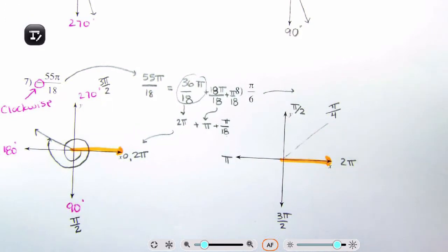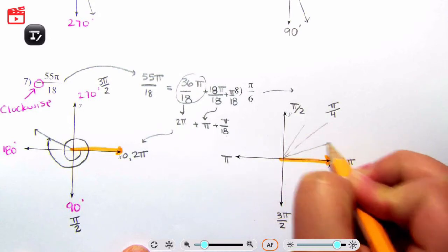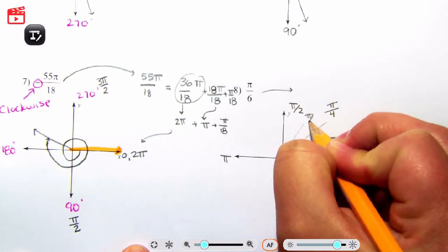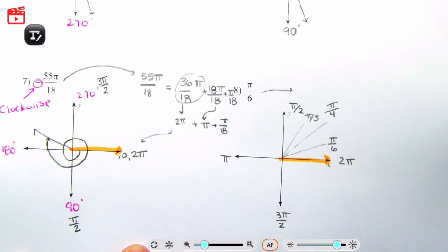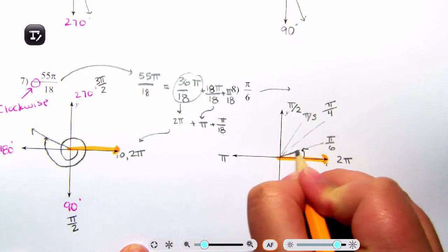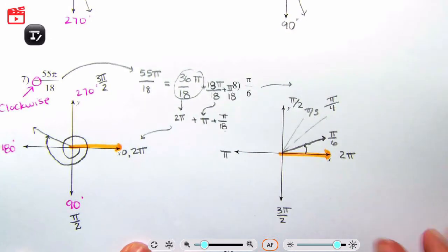Or we can split this up into thirds. So this is pi sixths, this is pi thirds. Excuse me, we can split it up into sixths. All right, so then what do we have? We want pi sixths, so it's going to be a very small angle here. All right, let's move on.